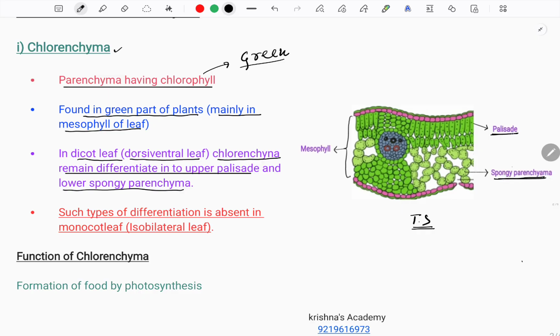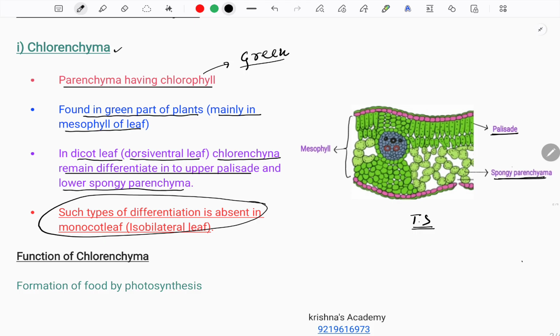The cells of the palisade are elliptical, having small intercellular spaces, but the cells of the spongy parenchyma are loosely arranged and spherical. Such differentiation into upper palisade and lower spongy parenchyma is absent in the monocot or isobilateral leaf.